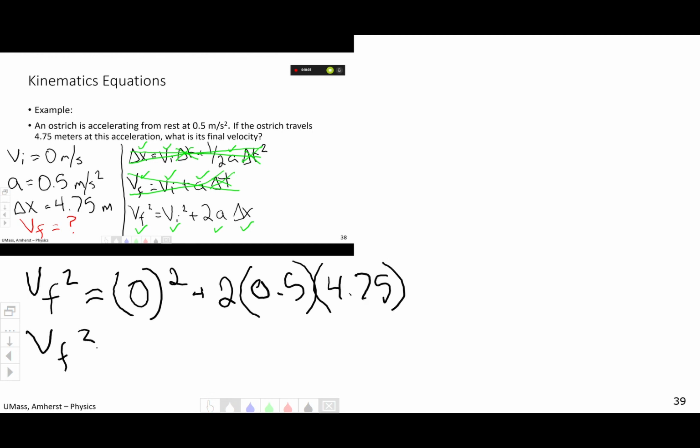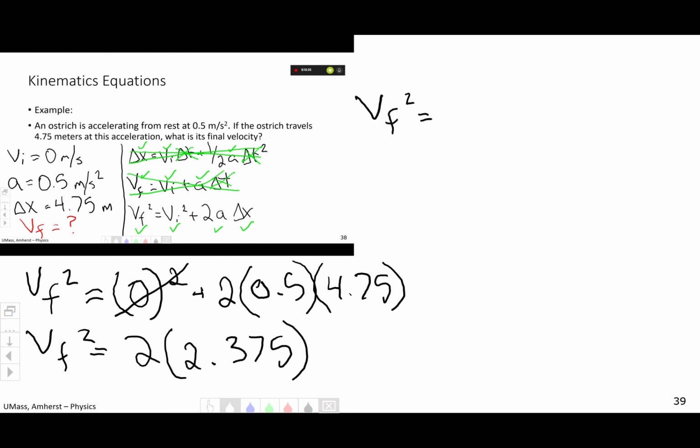So Vf squared equals 0 squared is 0, so this drops out, plus 2 times 0.5 times 4.75 is 2.375. Okay, so we also could have just said, oh, 2 times 0.5 is 1, but whatever, we went the long way around. So Vf squared equals 2 times 2.375 is indeed 4.75.